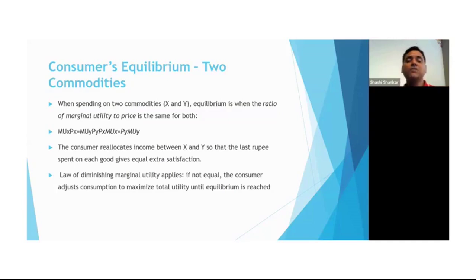But in the case of two commodities, it is nothing but reallocation, adjusting the consumption to maximize total utility until equilibrium is reached.